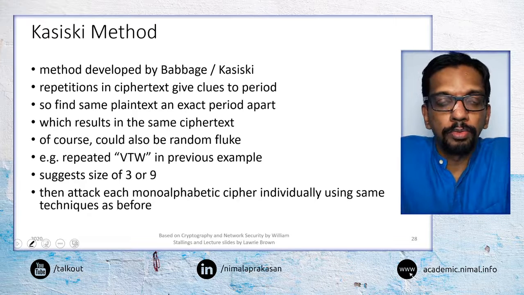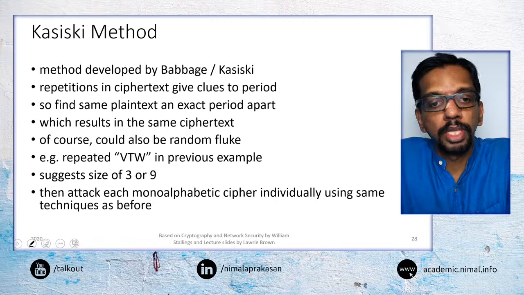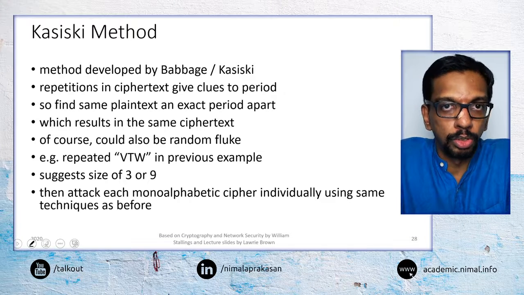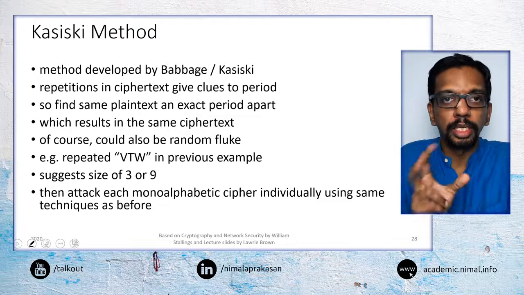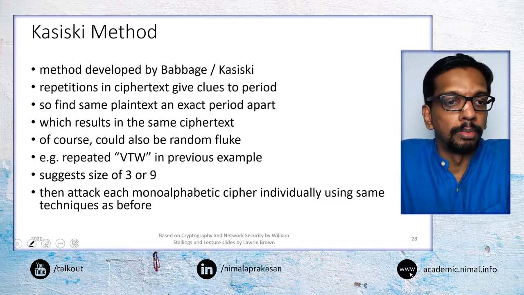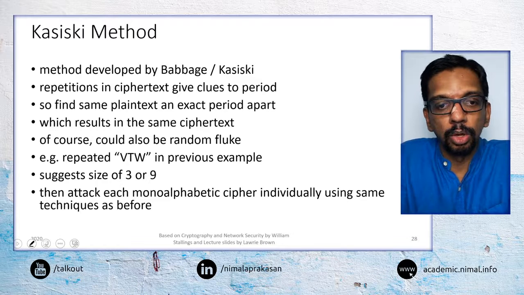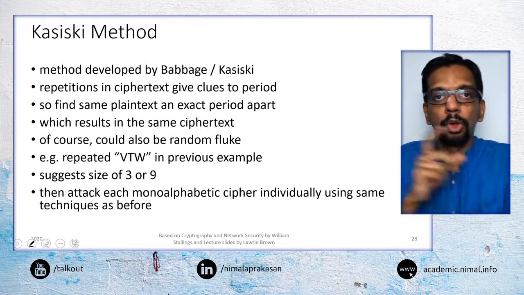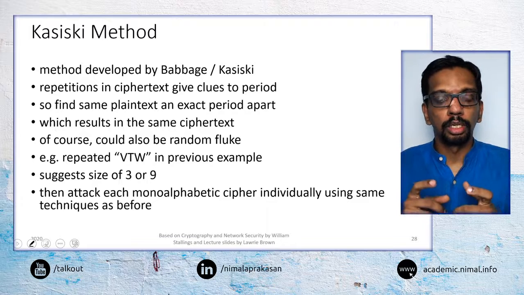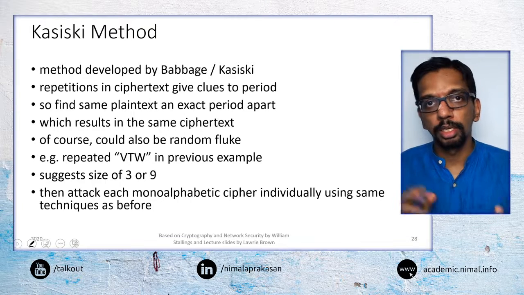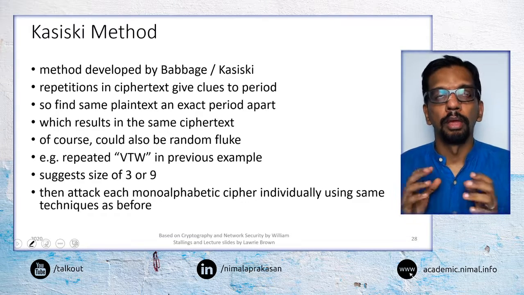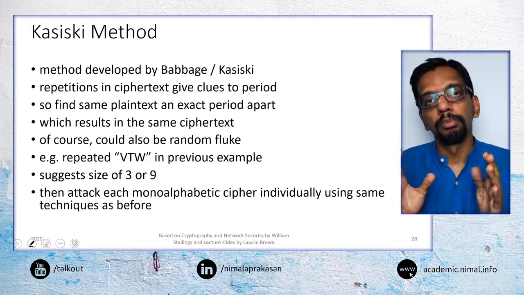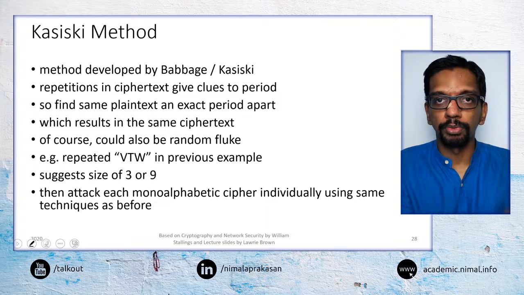In terms of attacks on the Vigenere cipher, there are two common methods: the Kasiski method or the Babbage method. Both are the same, but because they were invented during the Crimean War period in the 1800s, I think, these were kept secret by those governments.